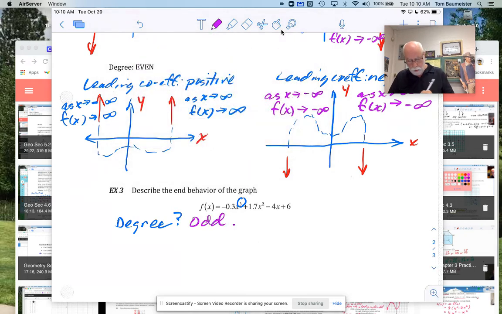Okay. Our leading coefficient, and that's why we have to put it in standard form, people. And our leading coefficient here, you can tell me it's negative.